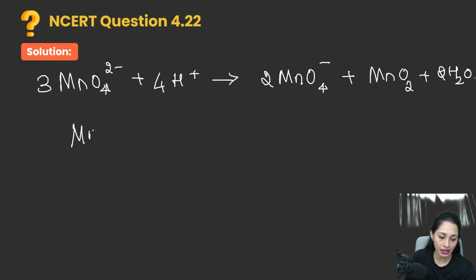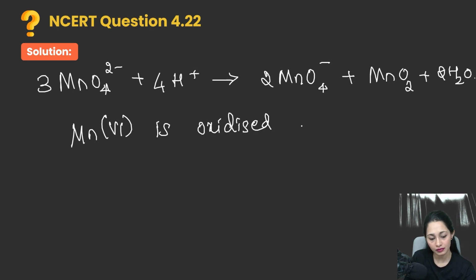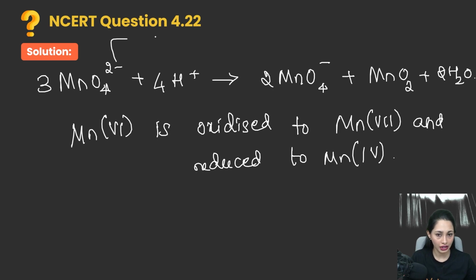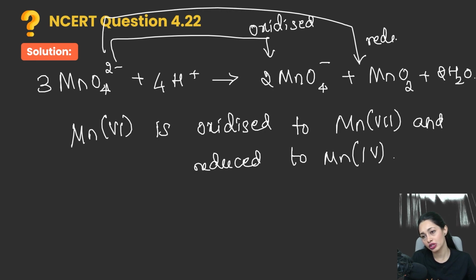Here, Mn in its +6 oxidation state is oxidized to Mn7+ and reduced to Mn4+. From here to here it is oxidized, and from here to here it is reduced. So simultaneously it is oxidized as well as reduced. That's why it is called a disproportionation reaction.